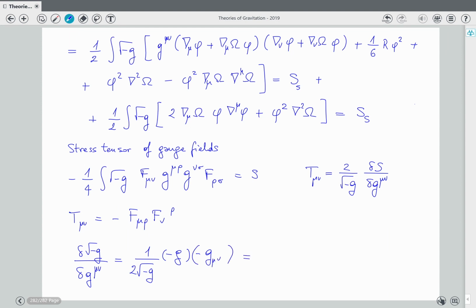So we get minus 1/2 square root of minus g g mu nu. So that would be equal, there is only a minus sign, 1 over 4 g mu nu F squared.